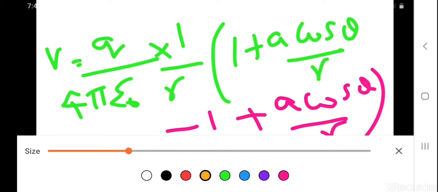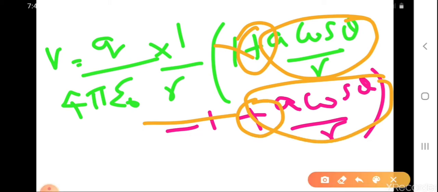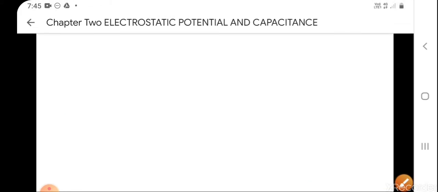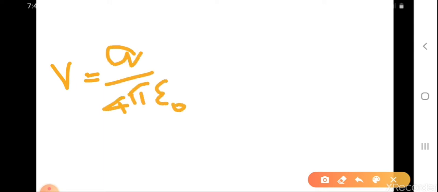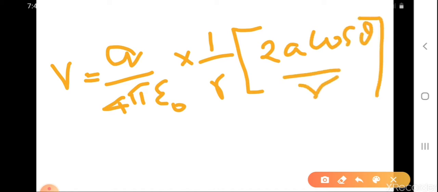Now, I can cancel the minus Q and plus Q, and A cos theta by R and A cos theta by R both are positive. So, I will be getting 2A cos theta by R. So, what I will be getting now? V is equal to Q by 4 pi epsilon naught into 1 by R into 2A cos theta by R again.